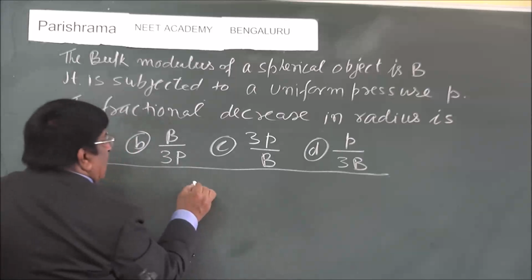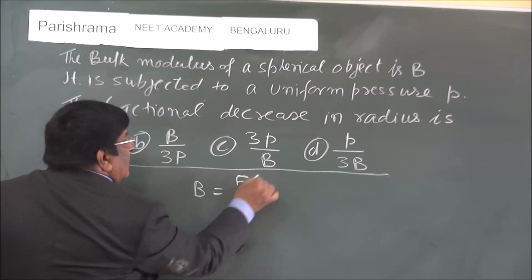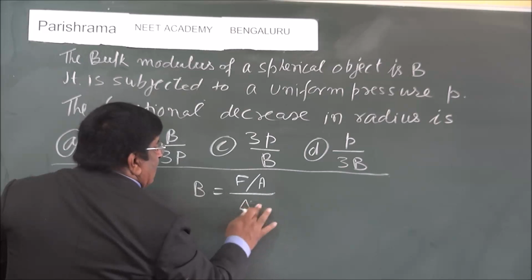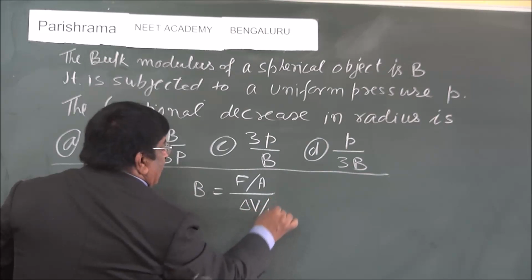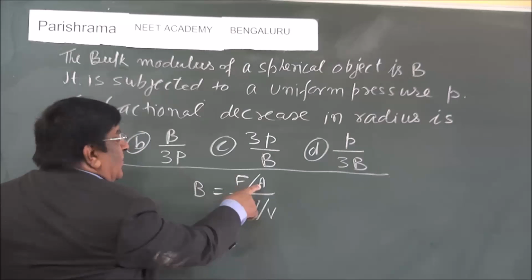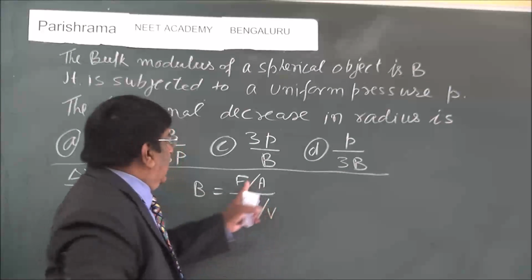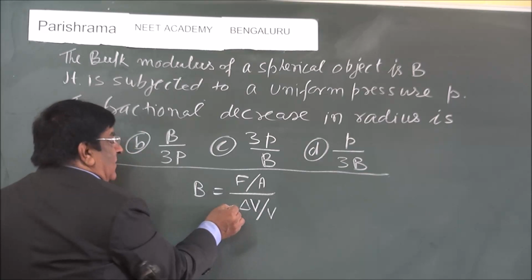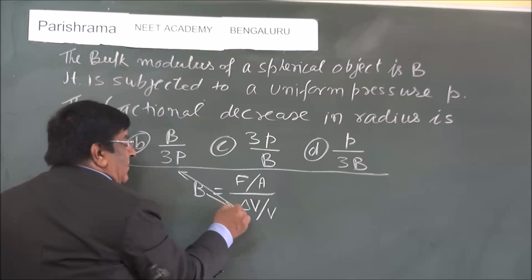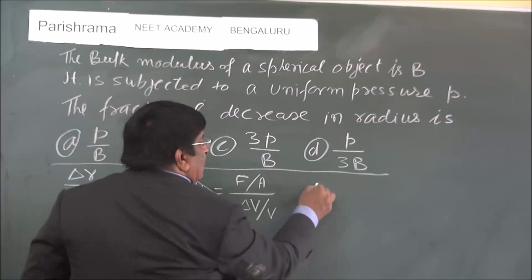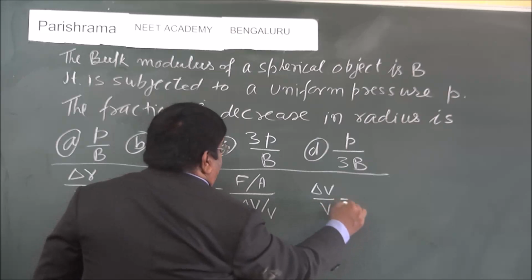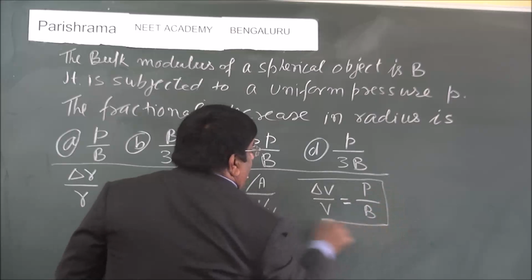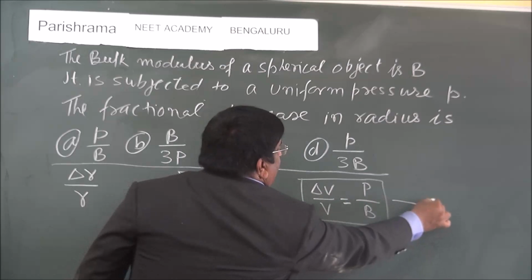Bulk modulus B is equal to stress, force upon area, divided by strain, that is delta V upon V. So force upon area is pressure, so this is pressure upon delta V upon V. If we take delta V upon V on this side and transfer B to the other side, we get delta V upon V is equal to pressure upon B. So we remember it as equation 1.